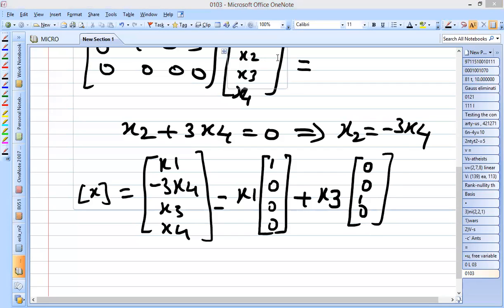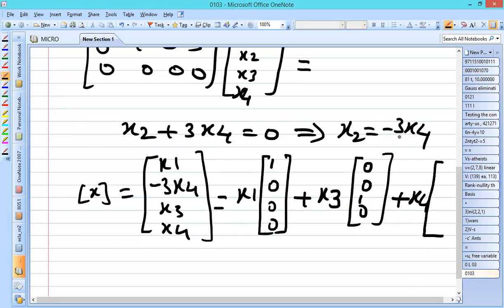And next, plus, we write in terms of x4. As we know, x2 is obtained by minus 3x4, that is x4 is multiplied with minus 3. So the first element will be 0, the next element will be minus 3, then 0, and the fourth element is x4. In order to get this x4 we put 1.